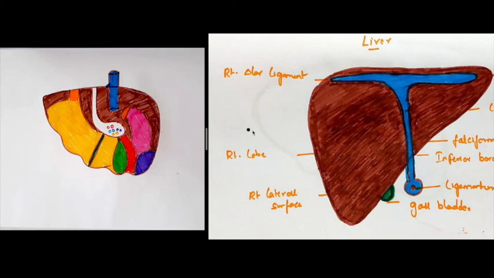If we see some landmarks, if you draw an imaginary line from the xiphisternal joint to the mid-axillary line along the 10th rib, at that point the diaphragm will separate the anterior surface from the pleura of the lung.